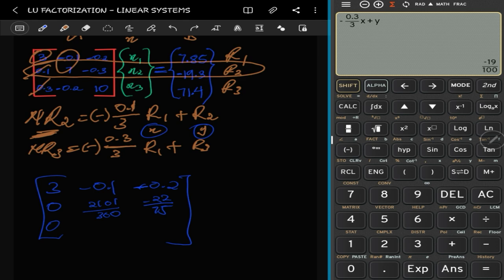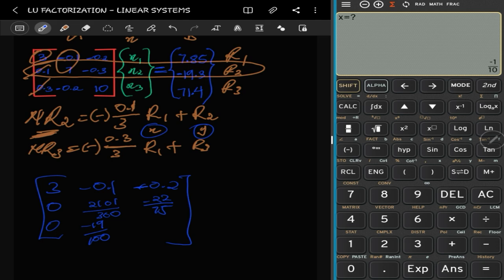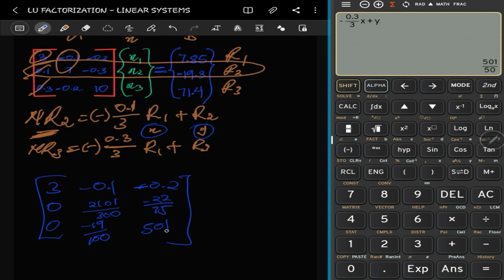The negative is very important. And then we have minus 0.2, and the y is what, 10, right? And that gives us 501 on 50.